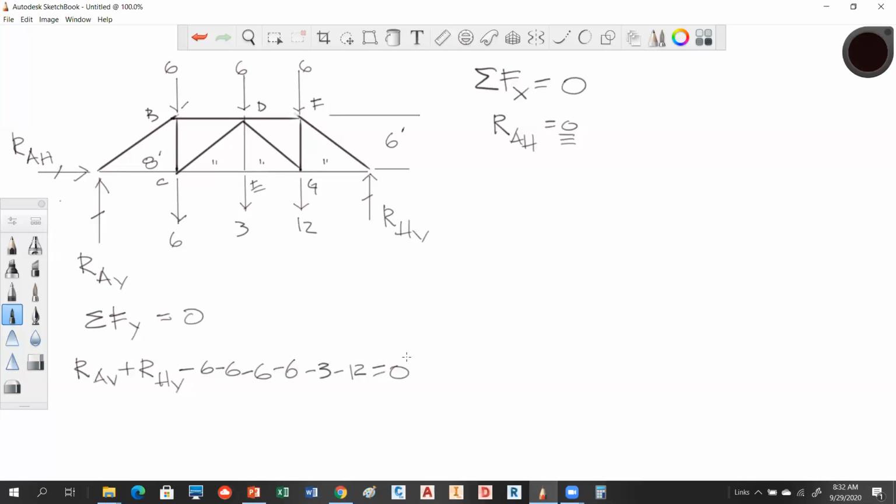You guys check me, and I'll get my number. So I get 39 when I add these up. You guys verify that for me. Somebody let me know if that looks right. So what I get is 39. Okay. So that gives us RAV plus RHV is equal to a positive 39, correct?